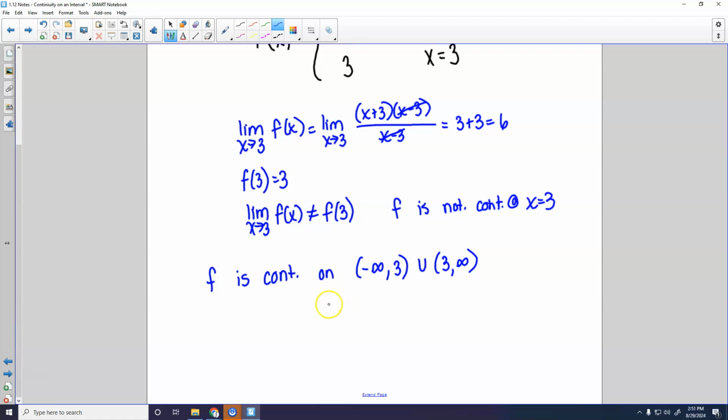Or I could say for x is not equal to 3. Or I could say for x is less than 3 or x is greater than 3. So those are 3 different options of how to write the places where this is continuous. You might see any of those given. It just depends on what notation they're wanting to use.